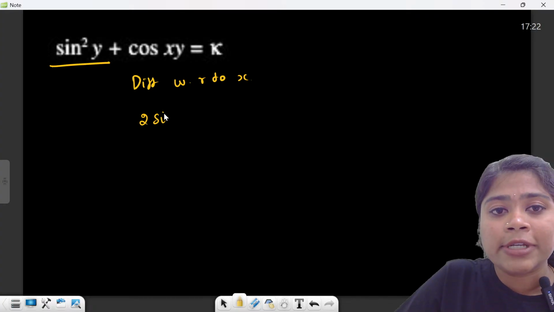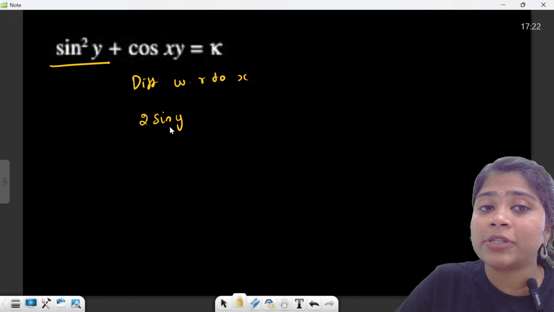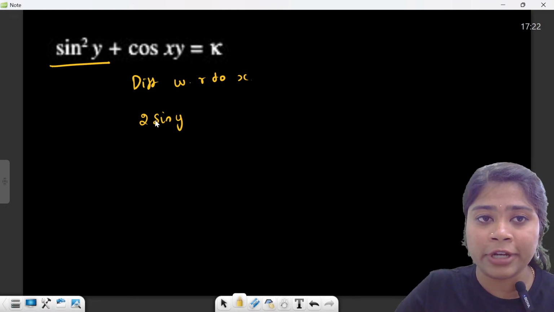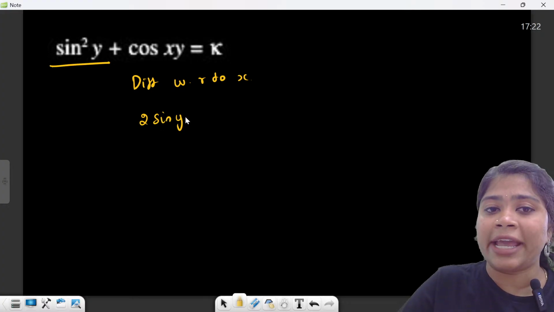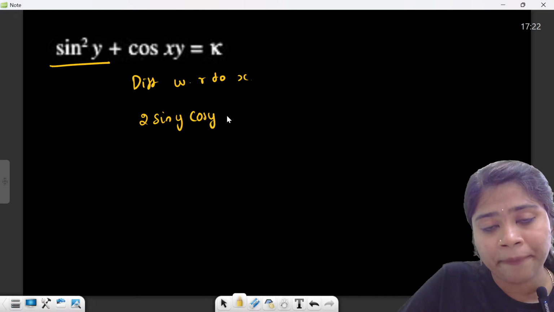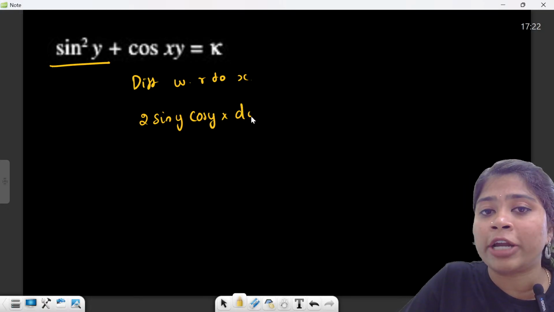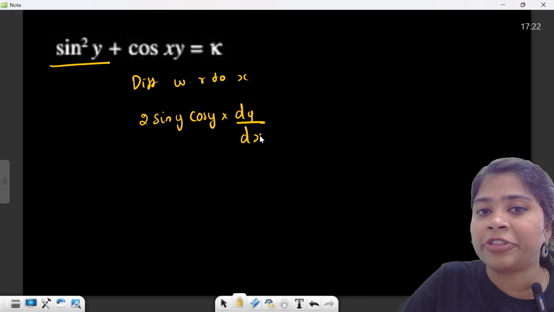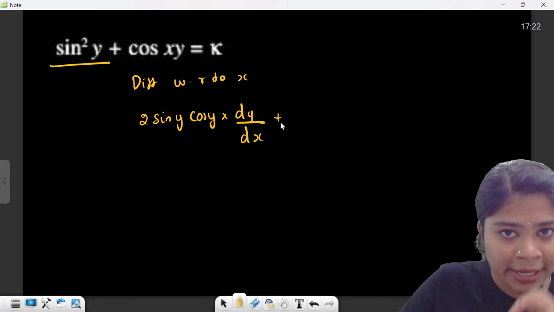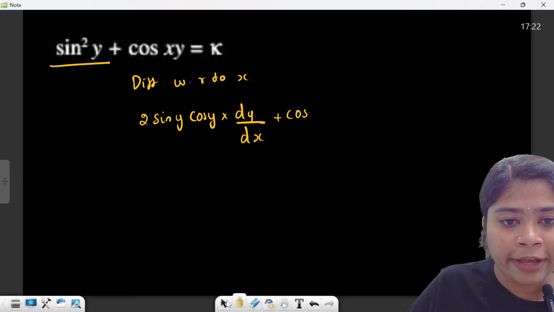So to sin squared y, we are using the chain rule here. So I differentiated the square, then sin y differentiation is cos y. Since here the variable is y, you are differentiating the y variable with respect to x, plus cos xy. So give me a sec.